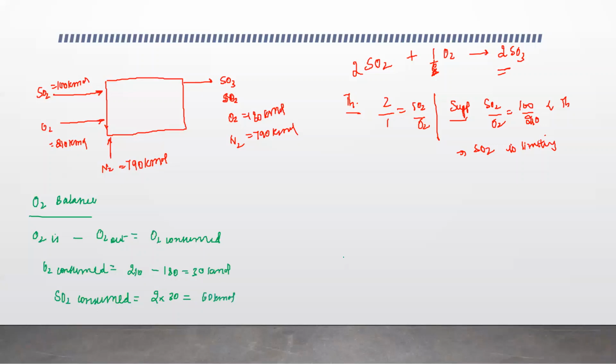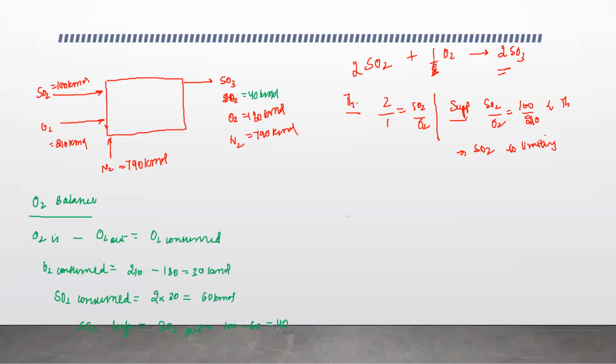So if 60 kilomoles of SO2 have reacted, then that means SO2 left, or you can say SO2 out, is going to be SO2 in minus SO2 consumed, right? So 100 minus 60, that is 40. So 40 kilomole of SO2. All right, that information we have.